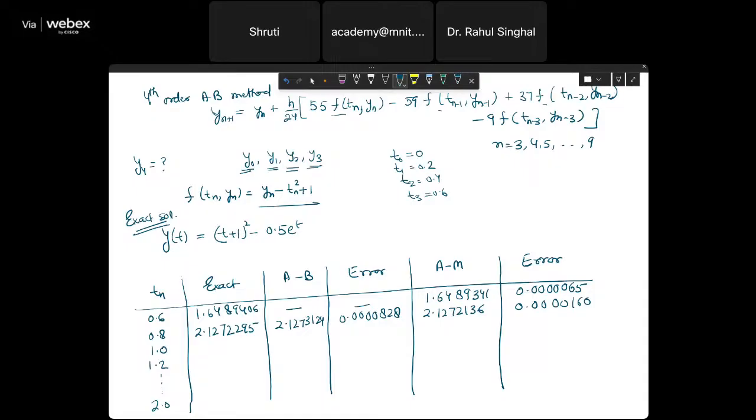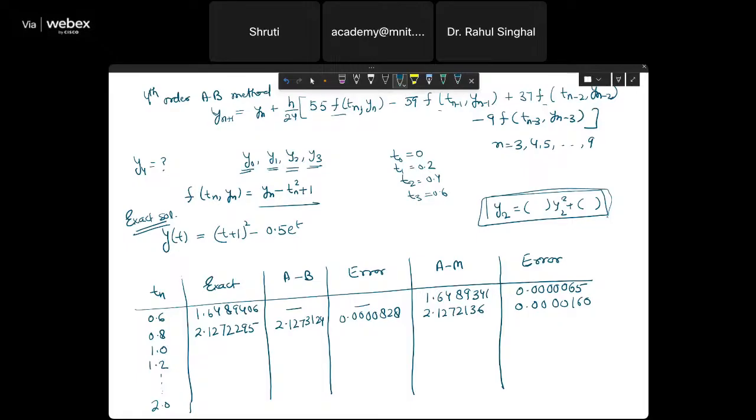At some stages when f is non-linear, this situation will arise. For example, suppose you have something like y2 equals some constant multiple of y2 square plus another constant. I'm giving you just an example because we don't have much time to give the details.